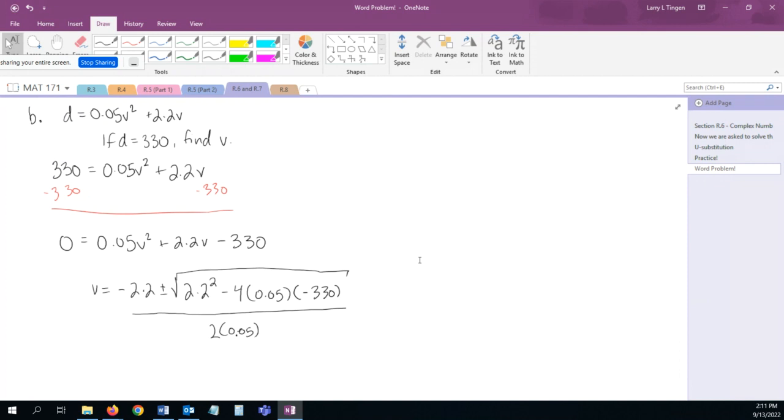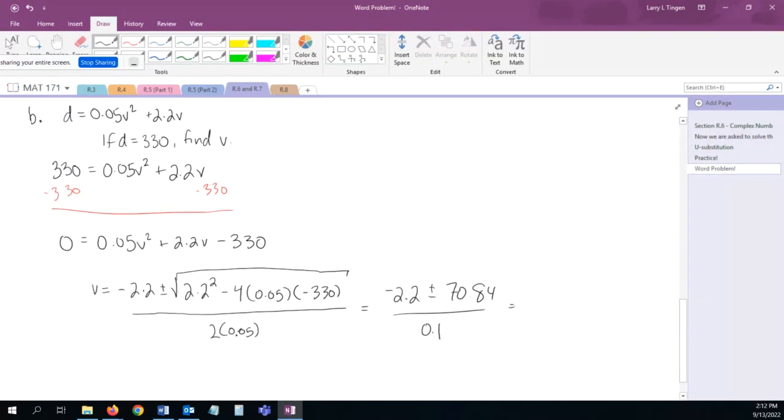All right, so negative 2.2 plus or minus the square root of 2.2 squared minus 4 times 0.05 times negative 330. Under there gives me negative 2.2 plus or minus, I've got 70.84, over 1/10.